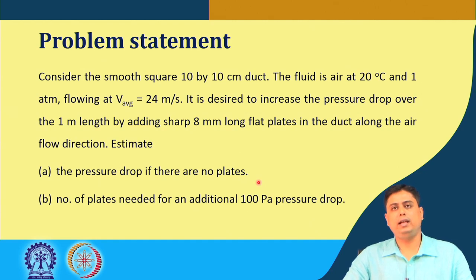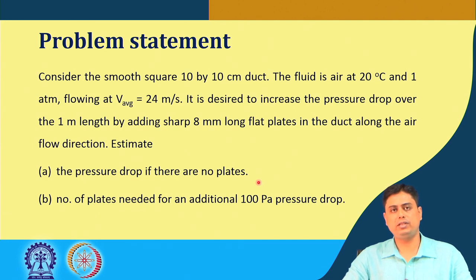The fluid is air at 20 degree centigrade and 1 atmosphere, flowing at a velocity of 24 meter per second. It is desired to increase the pressure drop over the 1 meter length by adding sharp 8 millimeter long flat plates in the duct along the direction of the air flow.